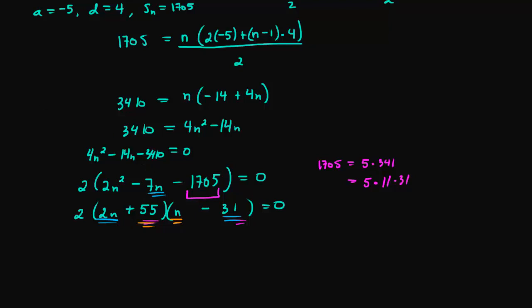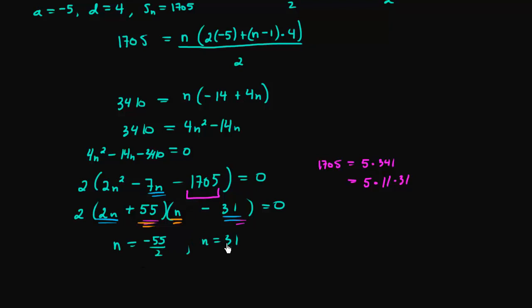So it really wasn't that bad to factor. It looks challenging and maybe a little daunting because this number is really large, but it's not bad to factor at all. So the solutions to this equation would be n is equal to negative 55 over 2, and n is equal to 31. We can't have n equal to negative 55 over 2 because we know there's a finite number of terms in this series.